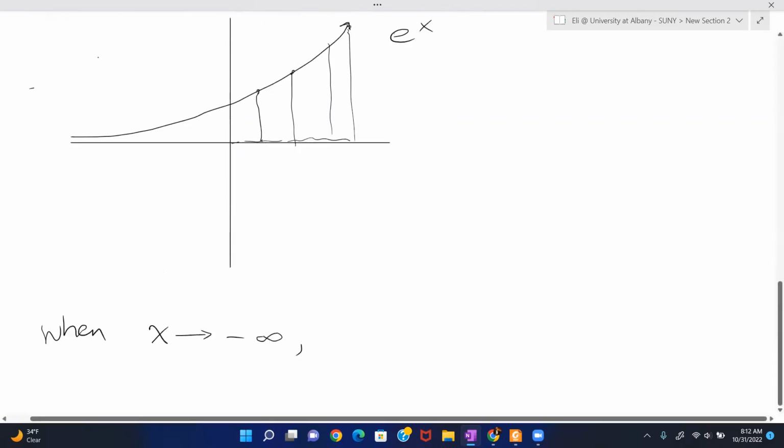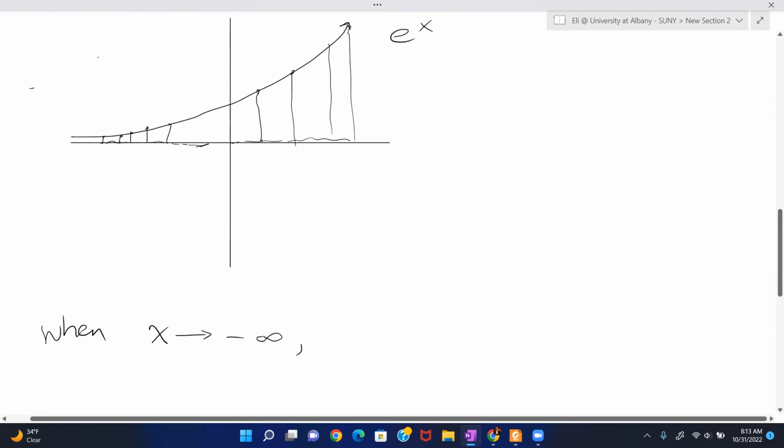What about when we take the other limit, when x goes to negative infinity? What can we say about e to the x? As x goes to negative infinity, just out this way, you can see that the heights are decreasing.